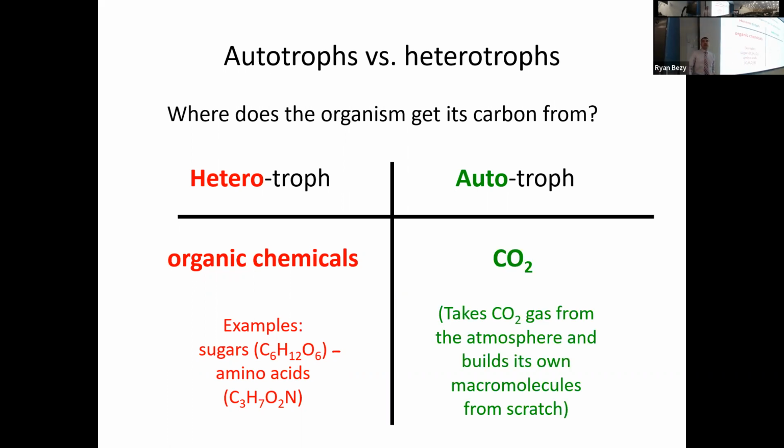Autotrophs are going to get their carbon from carbon dioxide gas. What an autotroph does is it takes CO2 gas and then it uses that as a carbon source to build macromolecule carbon molecules. What do I mean by macromolecules?